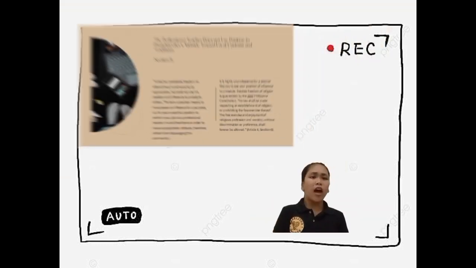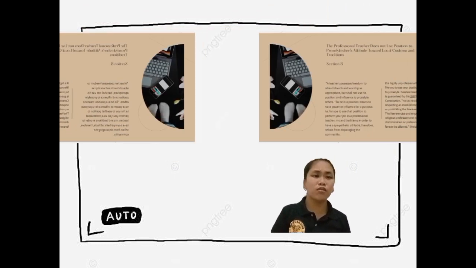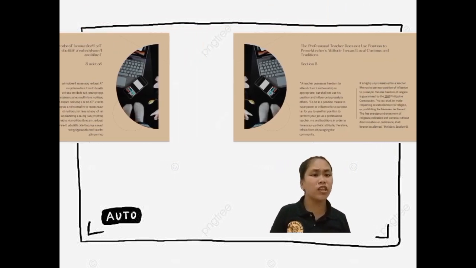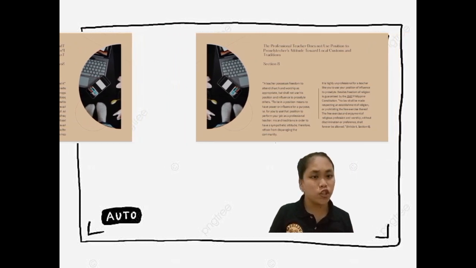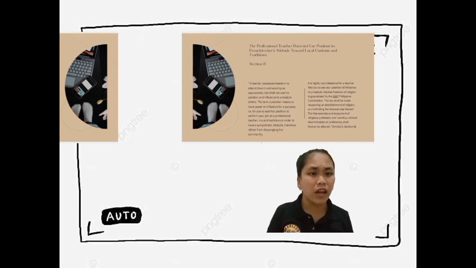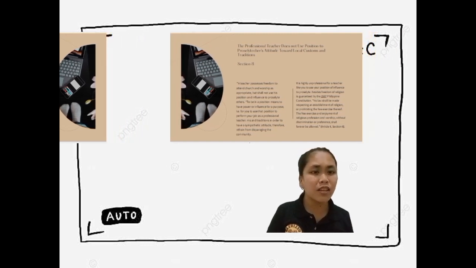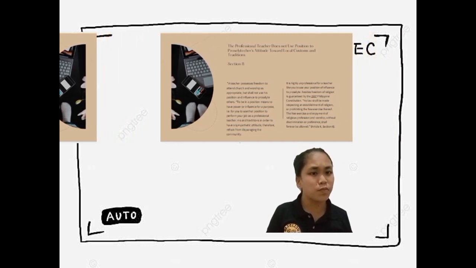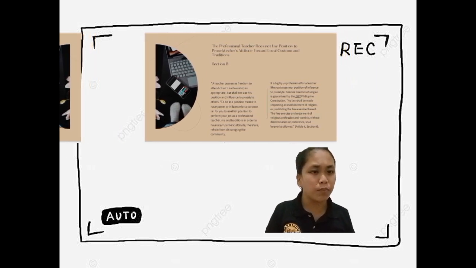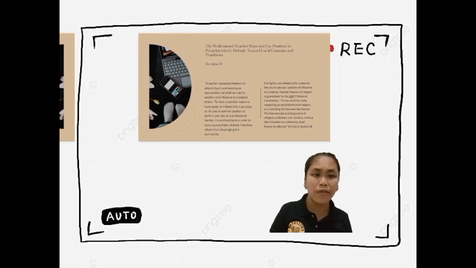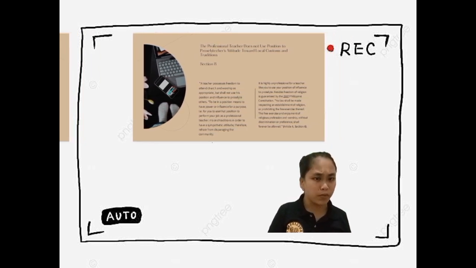Last but not the least, the professional teachers do not use their positions to force or teach attitudes towards local customs and traditions. Teachers possess freedom to attend church and worship as appropriate, but shall not use their position to influence others. To be in a position means to have power or influence for a purpose.